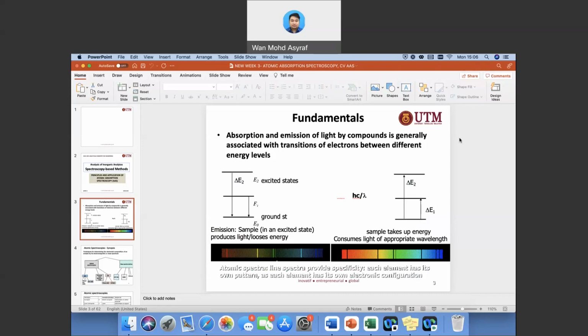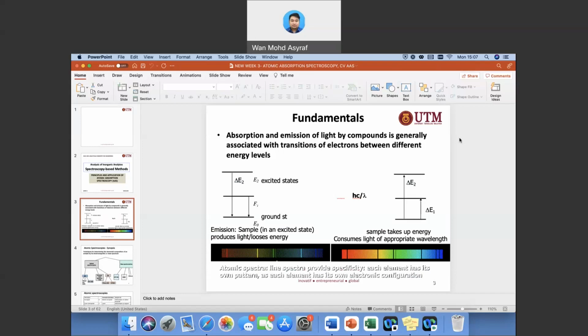In terms of emission, your sample, which is in the excited state, produces light or loses energy going back down to ground state. In terms of absorption, the sample takes up energy, consuming light of appropriate wavelength, to become excited from a ground level to an excited level.